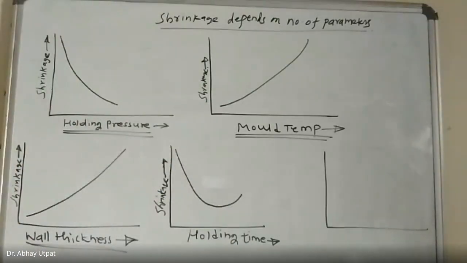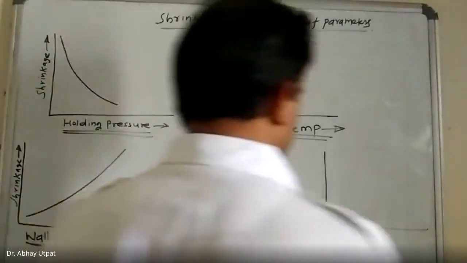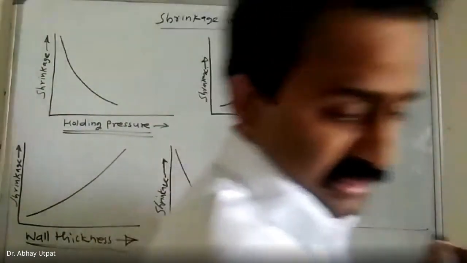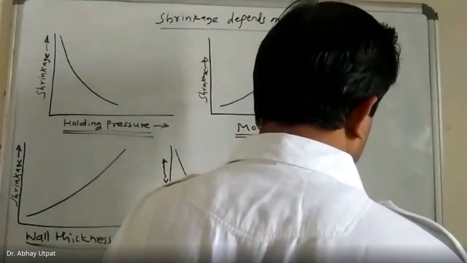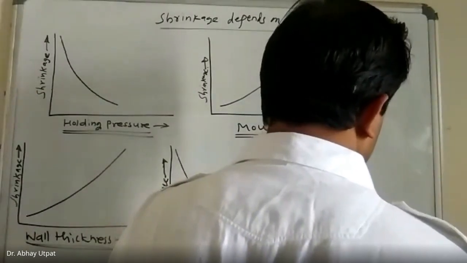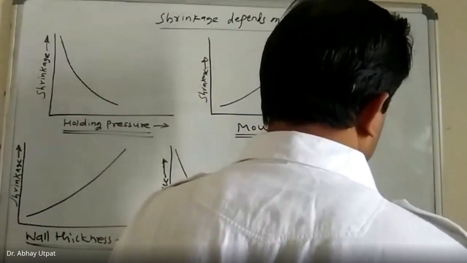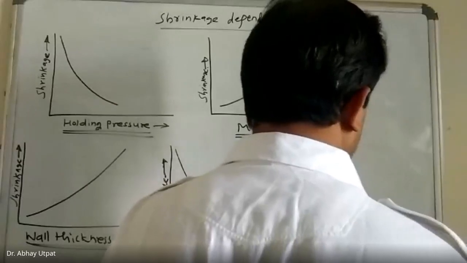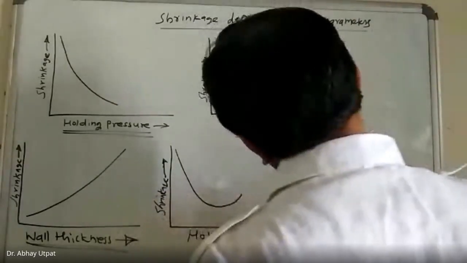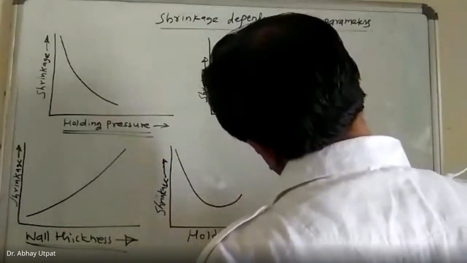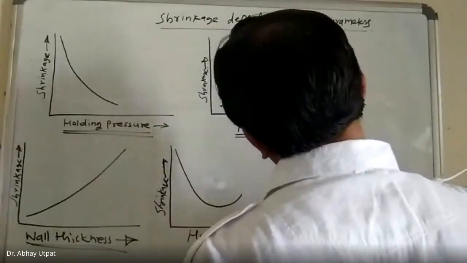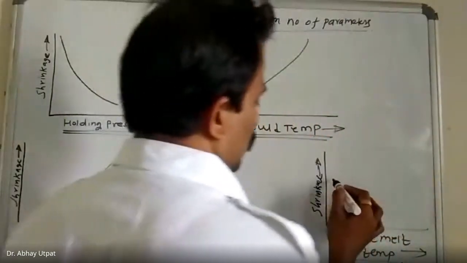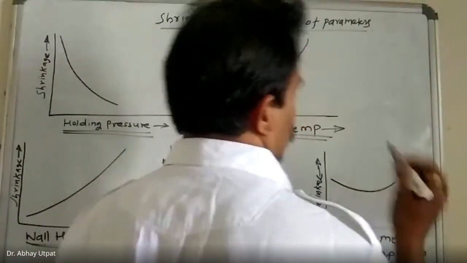And the next one is melt temperature. Melt means your plastic. Plastic melt temperature. Now it has some optimum effect.